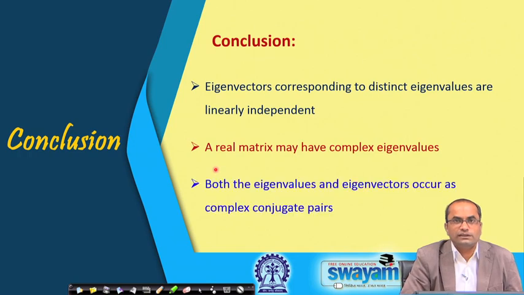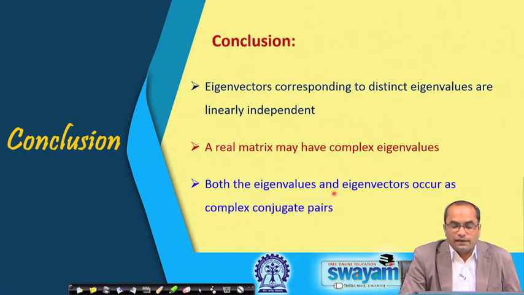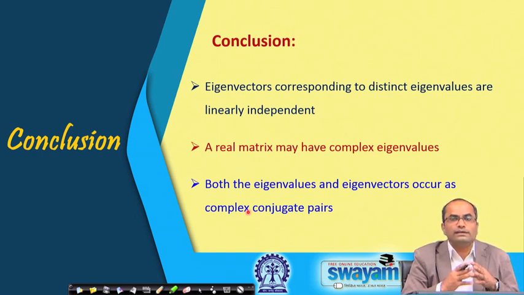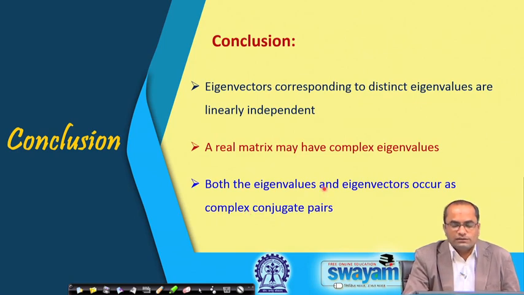Both the eigenvalues and eigenvectors occur as complex conjugate pairs. Once we have a complex eigenvalue, its conjugate will be there, and not only that, the eigenvectors will also be conjugate pairs. That is an interesting result, and it is true in general, not just for the example we have shown.